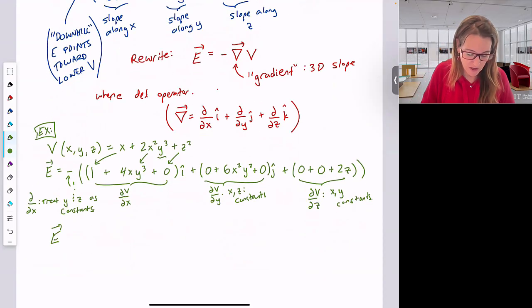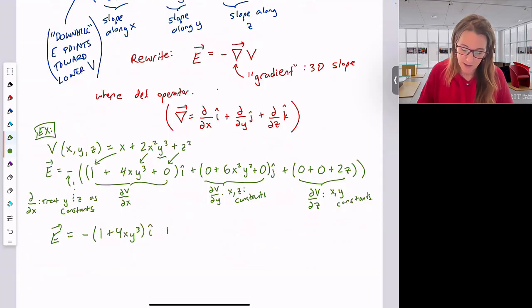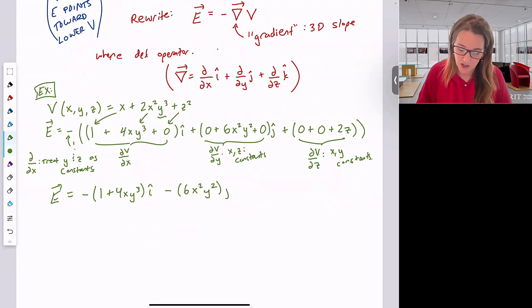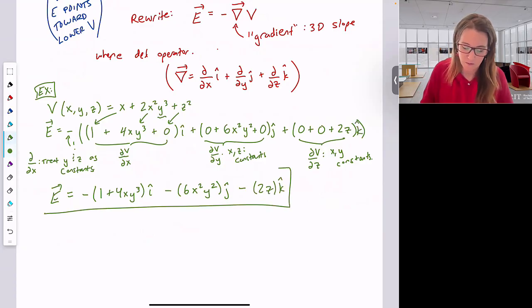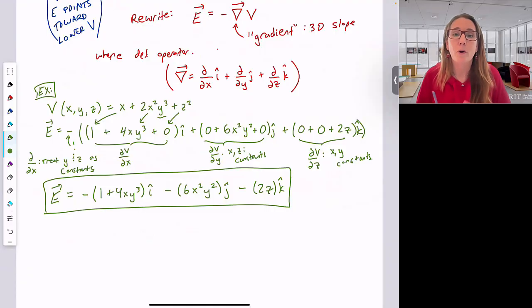And so we can then write this as the electric field is negative 1 plus 4xy cubed i hat, and then plus, and I guess I'll put the minus, I'm going to take it out to just have each term, move that minus through, so 6x squared y squared j hat, and then minus 2z k hat.